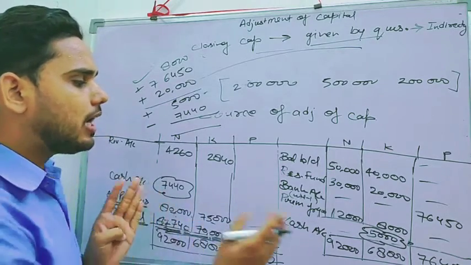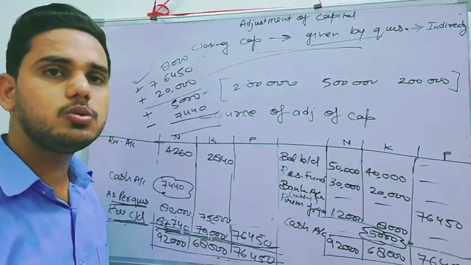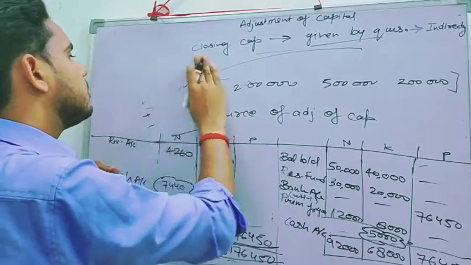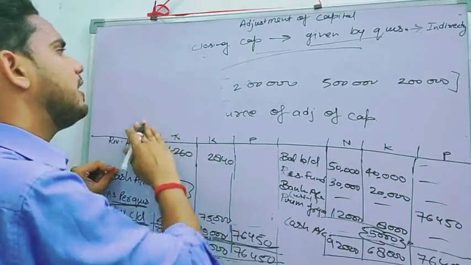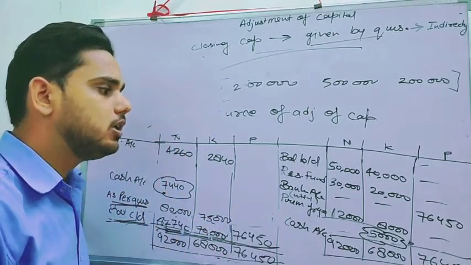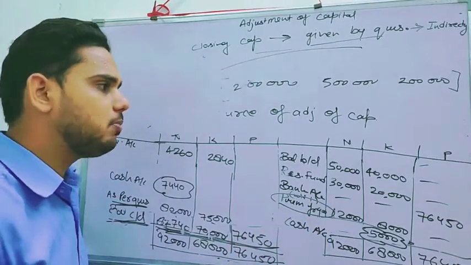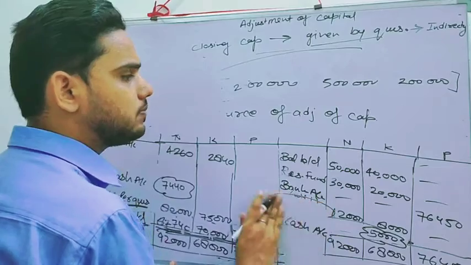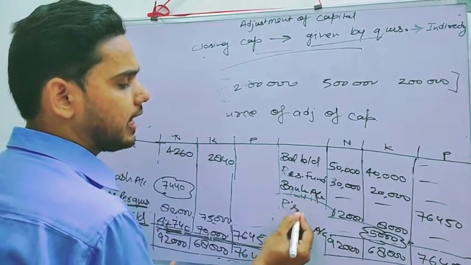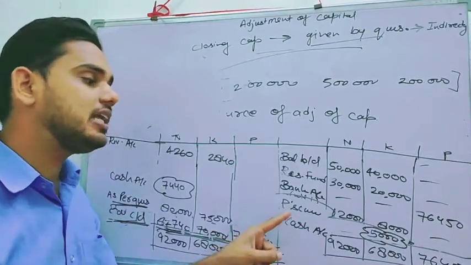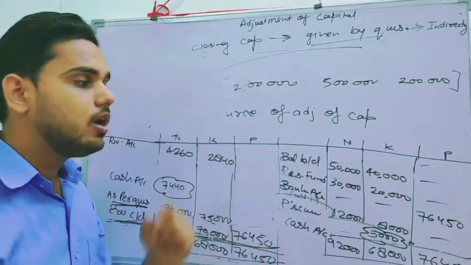Okay, but if we are writing current account, then what will we do, sir? No worries, we already know the funda for that. If the new partner was not bringing any premium, you were writing here the new partner's current account. Now what you were doing for that current account, you were writing that current account on the asset side.